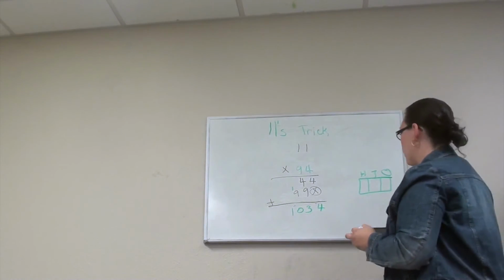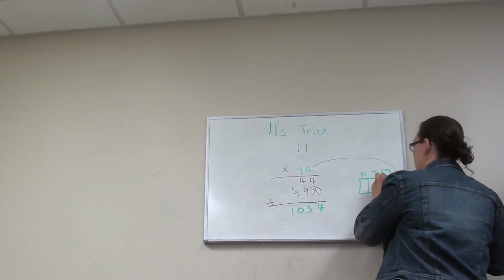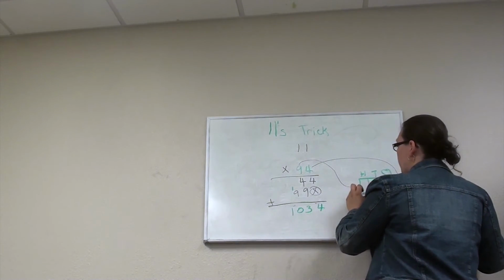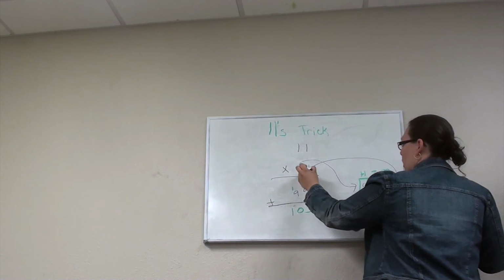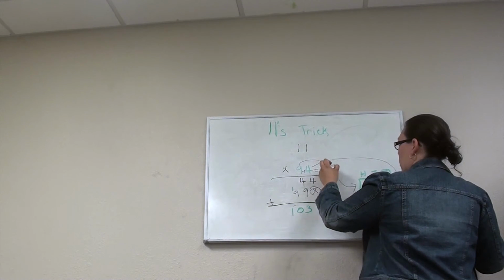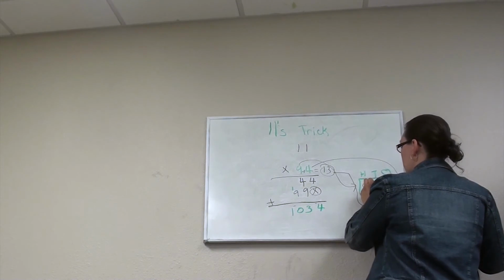So like I said, ones place goes over here. Tens place goes over here. And add them together. That number goes right here.